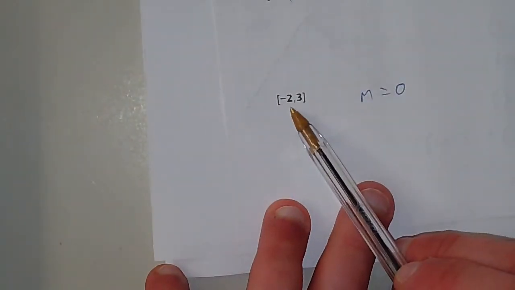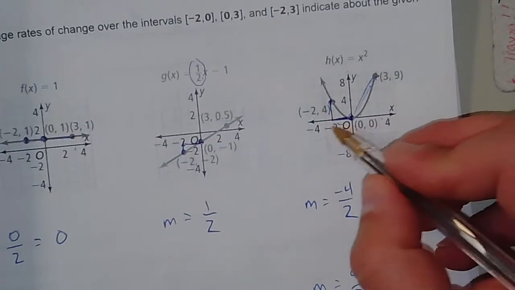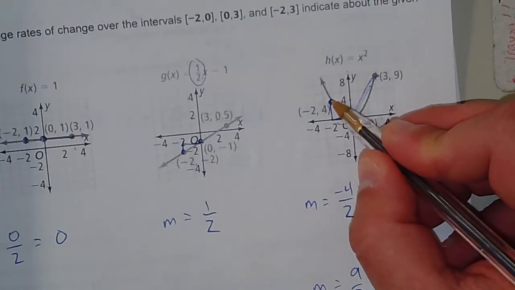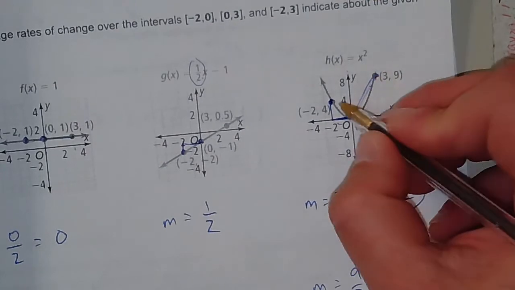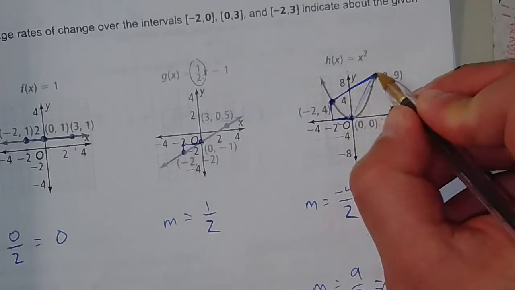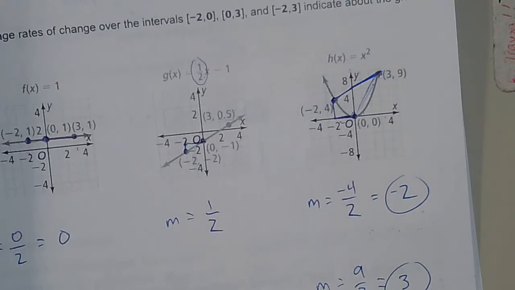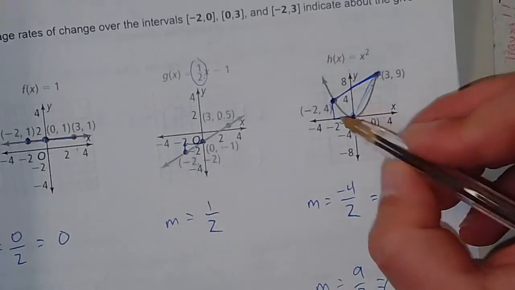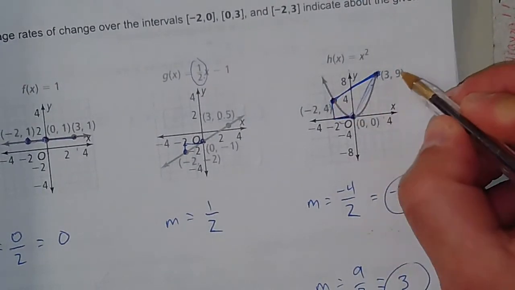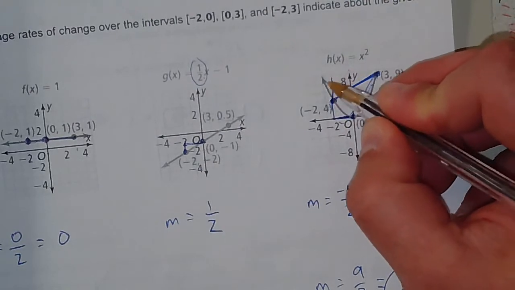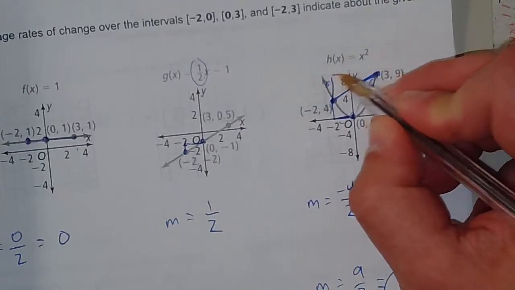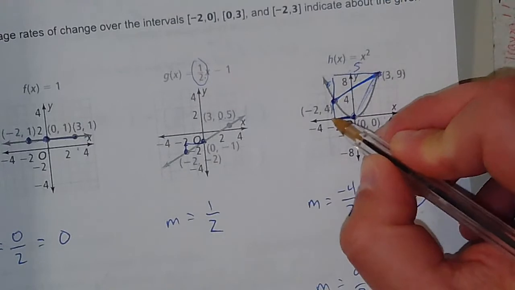Now the last one, this interval is kind of interesting. It sort of combines the two. So now it says, what about from the -2 to the 3? So now you start at -2, so you start at this point. Then you go to the 3, so you go to this point. So now you're looking at what this rate of change is. Again, you notice it's going to be positive, but what does it do? So if we're up at 4 and we got to go up to 9, we're going up 5 and we're going over 5 because we're going from -2 to 3.